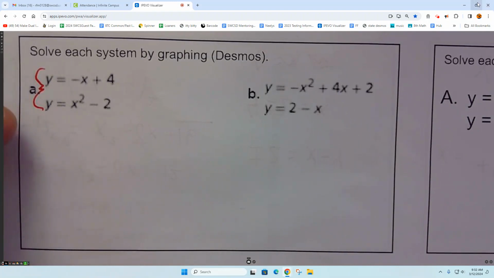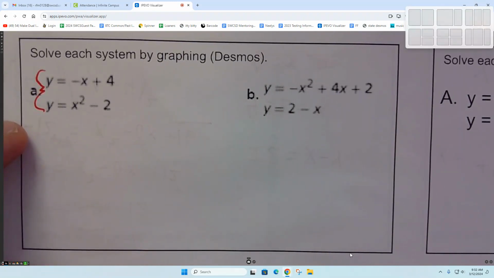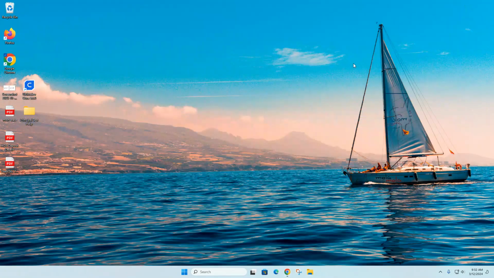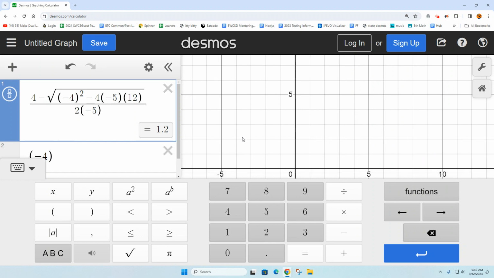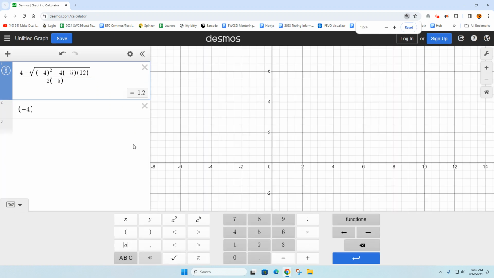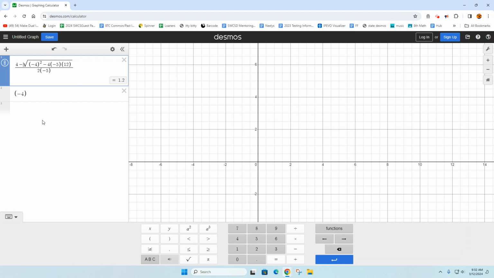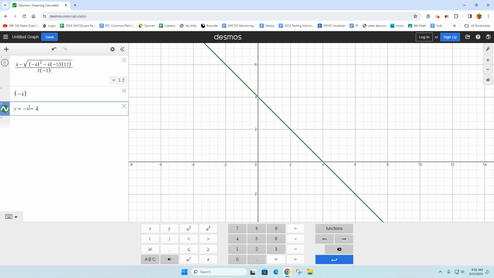This says solved by Desmos, so I'm going to go straight to Desmos. Zoomed in here. Let me zoom out a little bit. And I'm going to type in y equals negative x plus 4 and y equals x squared minus 2.